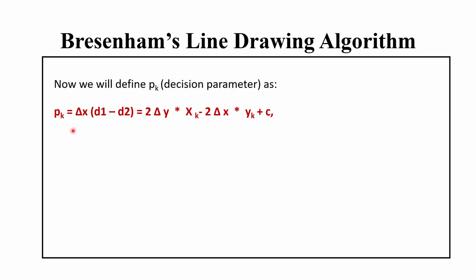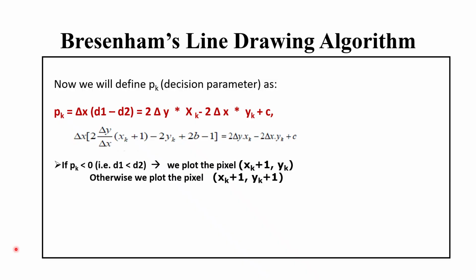I can calculate the value of del x and substitute here. When I substitute those values, the equation which I get is 2 del y into xk minus 2 del x into yk plus c. All these derivations are not that essential. Finally, the decision parameter depends upon the value of the difference between d1 and d2.